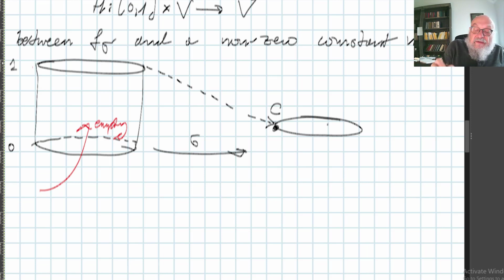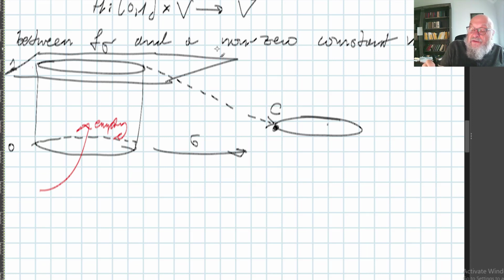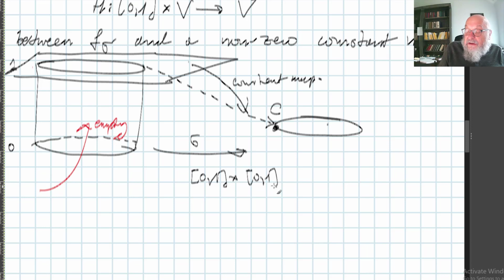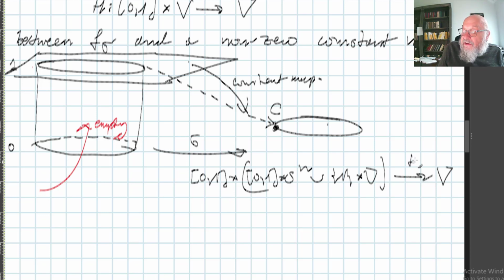You can take the whole space and extend it here to the constant map. So now you have a situation where you are having here 0, 1 times the cylinder, so this will be like 0, 1 times Sn, union 1 times V. So this map is given by the homotopy and an extension by constant, and it goes to V, and by this Hopf theorem, that's a closed set in the product space, so it can be extended.